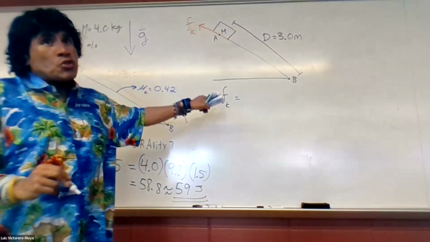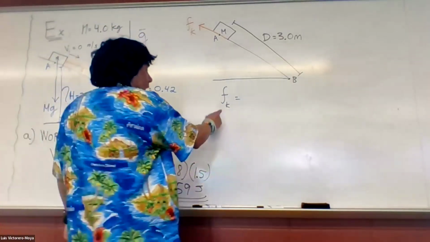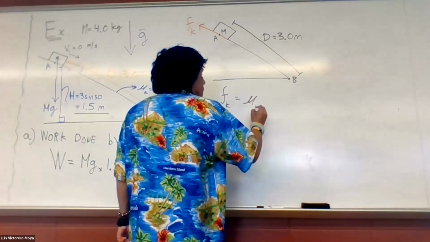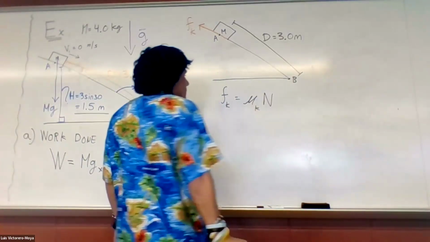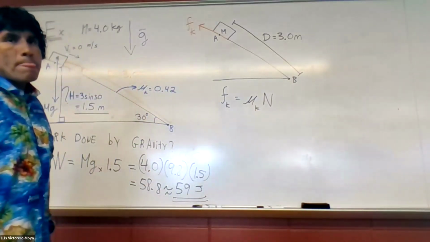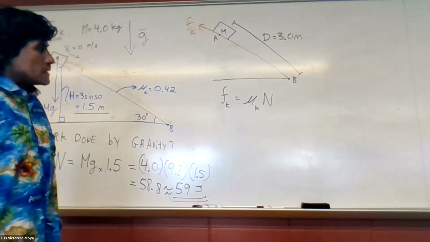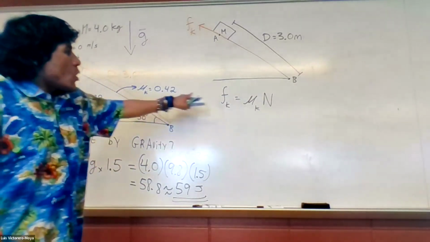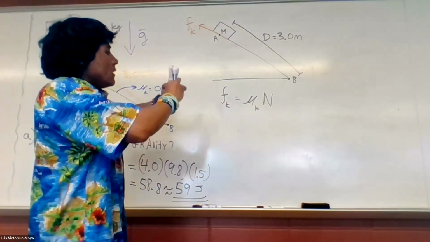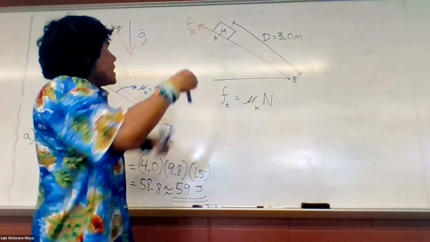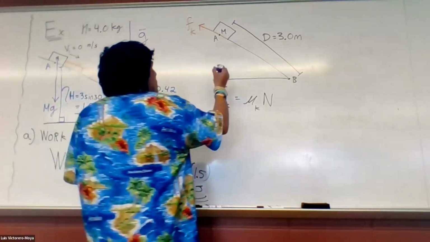And that you should know, right? That is mu k times the normal. Mu k is that. What's the normal? Well, this should be clear by now.